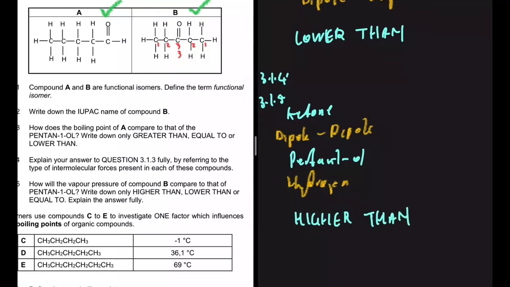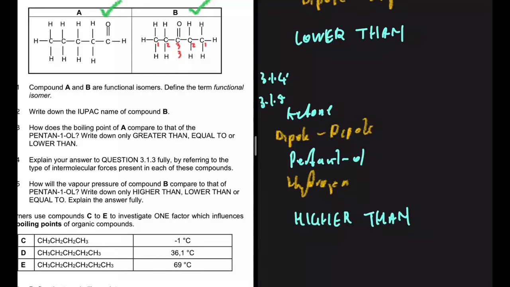What you have to understand is that the weaker the intermolecular forces, the higher the vapor pressure. So between compound B, our ketone, and pentan-1-ol, pentan-1-ol has stronger intermolecular forces, so it will require more energy to overcome them, and as a consequence it is going to have a lower vapor pressure compared to the ketone. The ketone will have a higher vapor pressure.